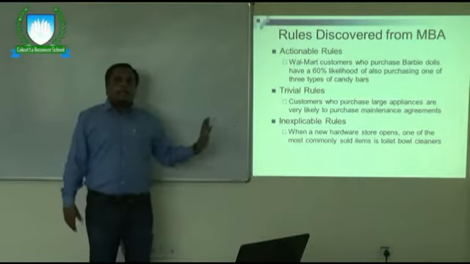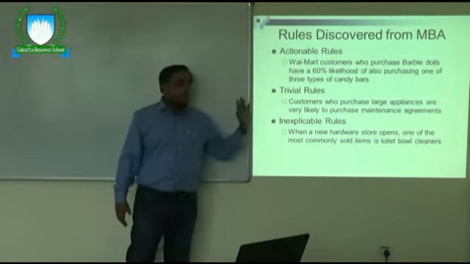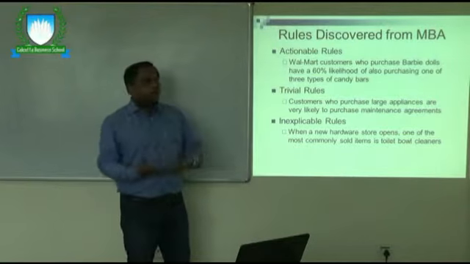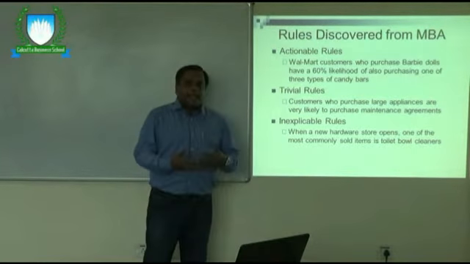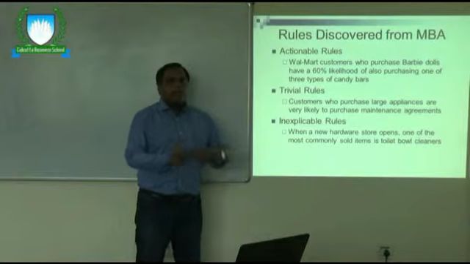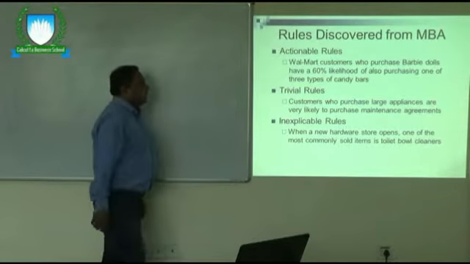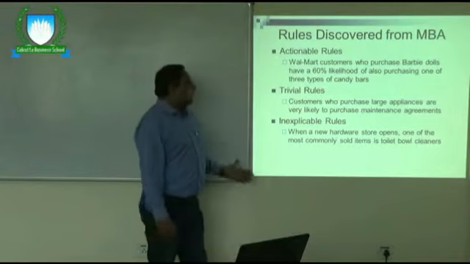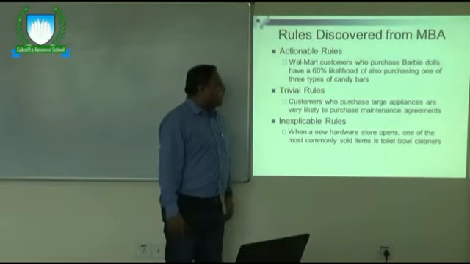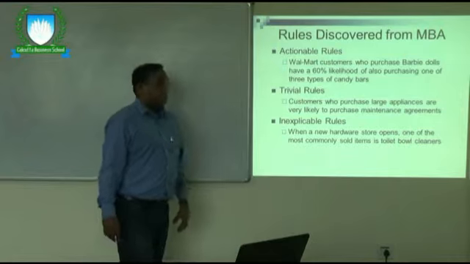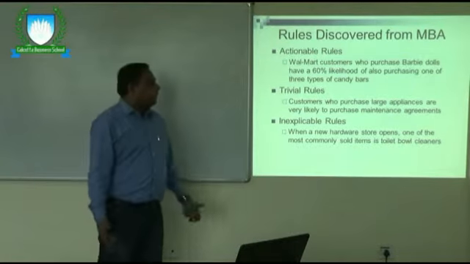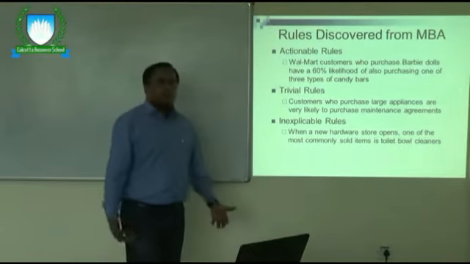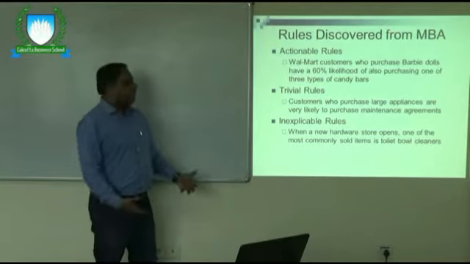This is really an actionable rule, because you can make a good association and you can make a good package by suitably bundling these kinds of products. Trivial rules, for which you do not need any analysis, are something like this: customers who purchase large applications are very likely to purchase a maintenance agreement. For this we really do not need a deeper analysis.